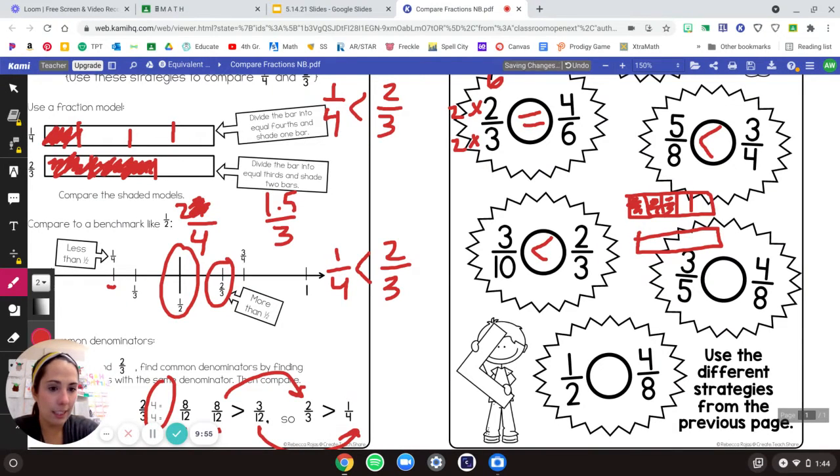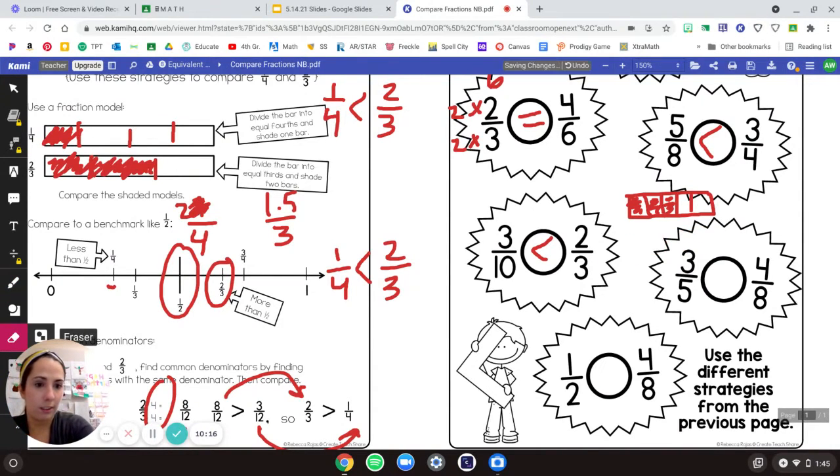Now 4/8. Well, I know that that is half. So I'm going to color in half of my rectangle. I messed up on my drawing a little bit. All right.